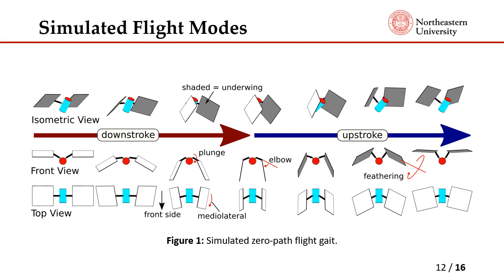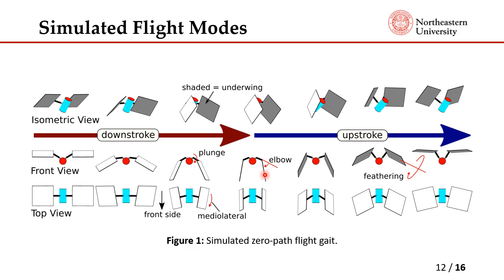Here are the keyframes from the animation in the previous slide. This is done to show that we have captured the four modes described earlier. We have the plunging motion over here, which moves the wing up and down, which forms the core flapping gait. Then we have the elbow joint's flexion and extension over here, which retracts and expands the wing.